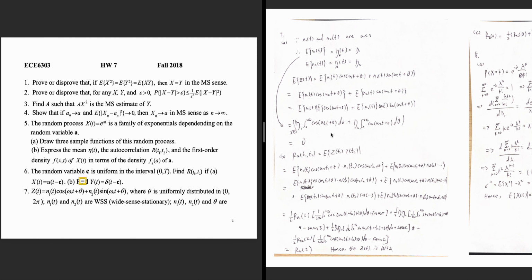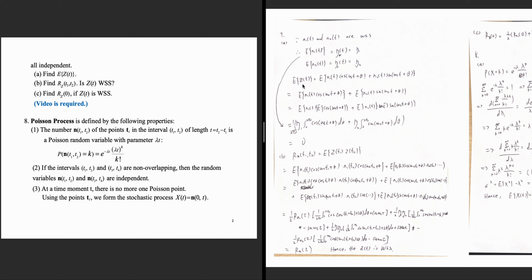So let's calculate E[Z(t)]. We can represent Z(t) like that: N1(t) cosine(wct + theta), and also this is the same thing.